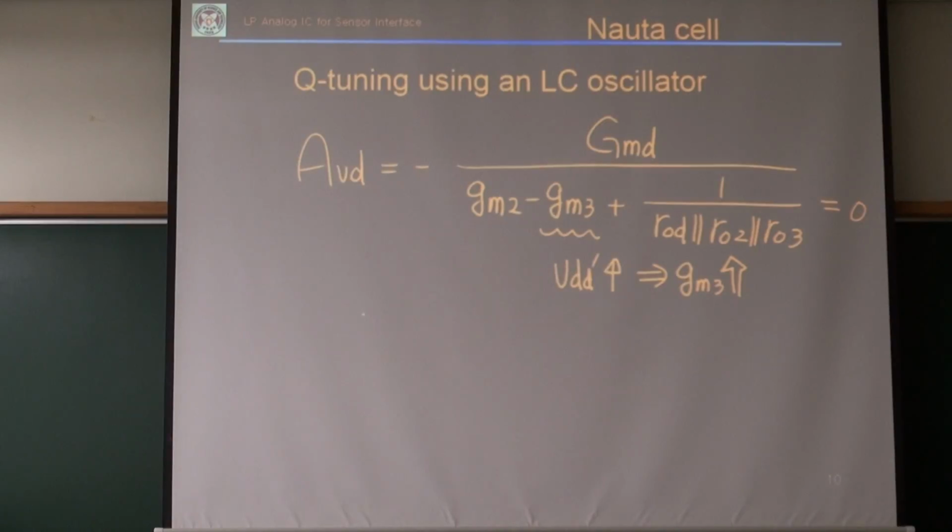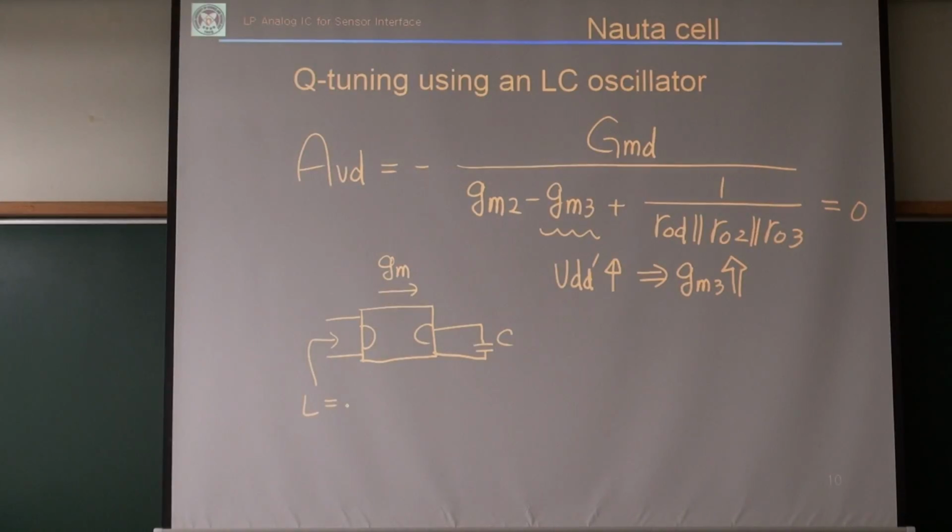Our LC is something like that. We need a gyrator, right? If we have a gyrator here, say I have a GM here, and then I have a capacitor there, okay. Then this looks like an inductor, right?